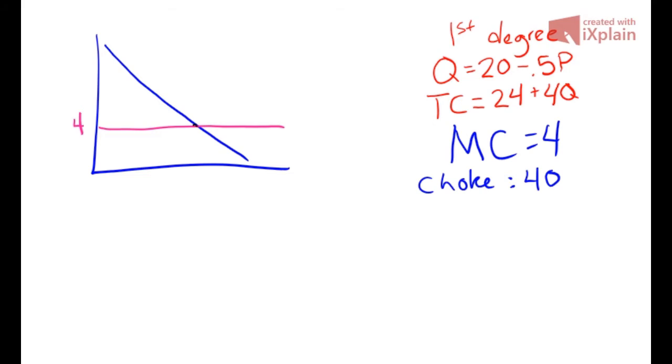So we're going to end up at this quantity right here where marginal cost is equal to the demand function. So what we can do is simply say, okay, well, what if we are at a price of 4? Where are we on this demand function?